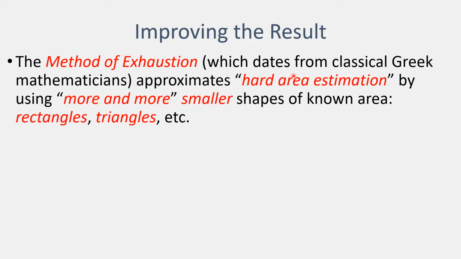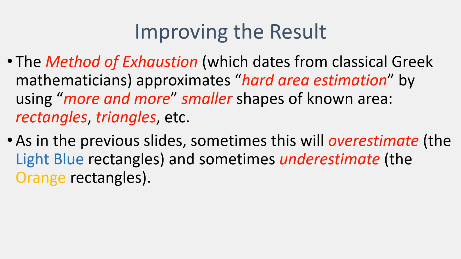As I said at the start, this dates back to classical Greek mathematics, and its idea is to approximately solve hard area calculations by using smaller and smaller shapes whose area it's easy to calculate. So objects such as rectangles, objects such as triangles.